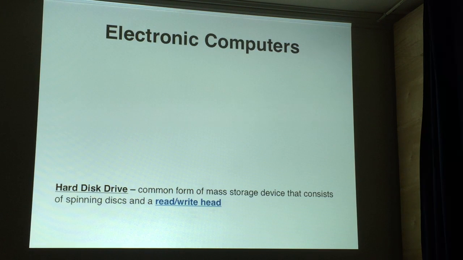The reason is that the spinning disks have to be aligned exactly right, and if something happens to your computer, you drop it, and it gets out of line, then the hard disk can't be read, and you can lose your data. And so that's why they've moved to a more solid state type system.